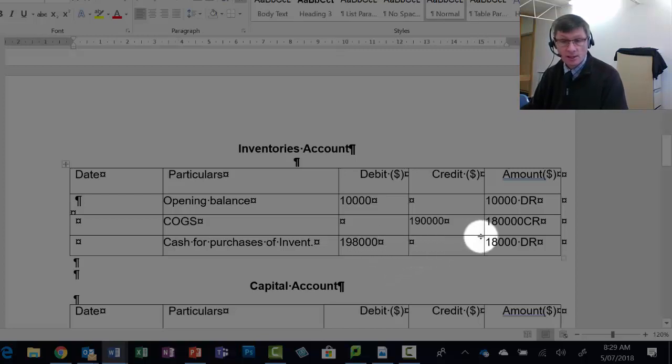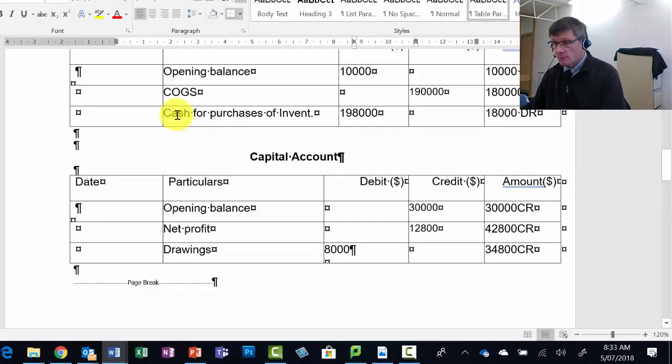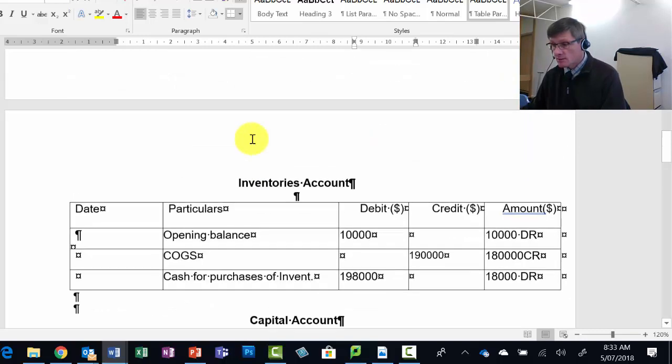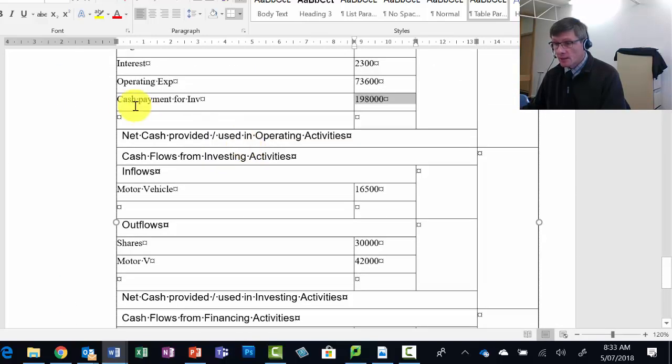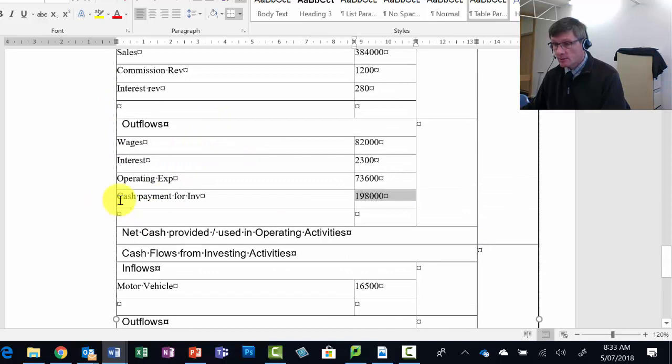So let's just check that. $180,000 credit and $198,000 debit leaves an $18,000 debit. So that's how you would work it out. So now that I've worked out what my cash for purchase of inventories is, $198,000, I must transfer that into my cash flow statement, and there it is there. So cash payment is an outflow, 198.